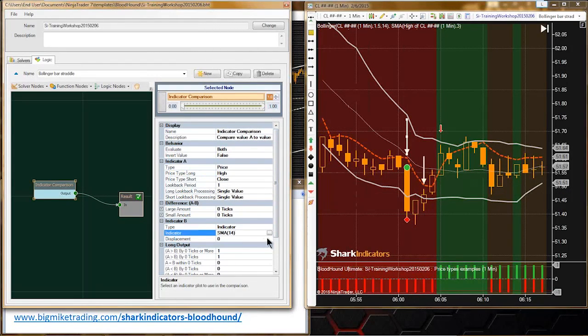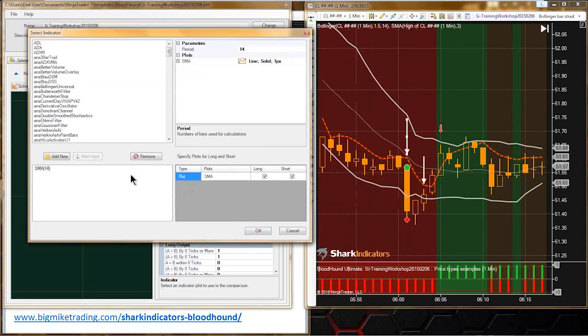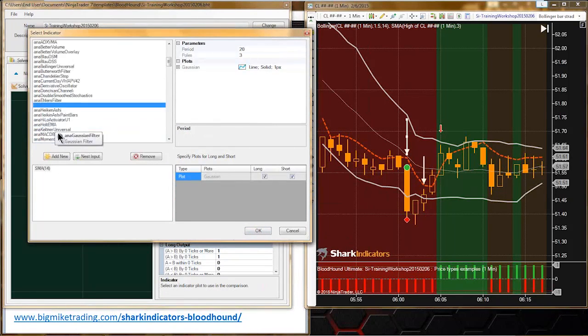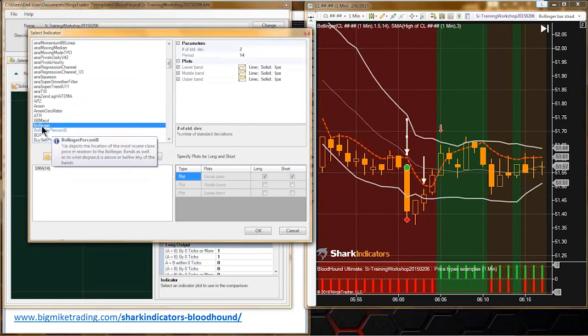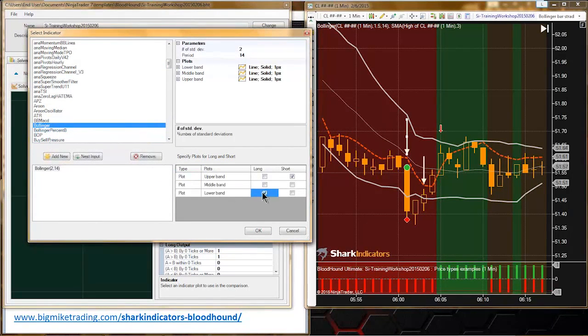In indicator B, I'm going to set that up for our Bollinger bands. I'm going to use the lower band to generate a long signal for a reversal signal. The upper band will generate short signals. And let's change our standard deviation here.